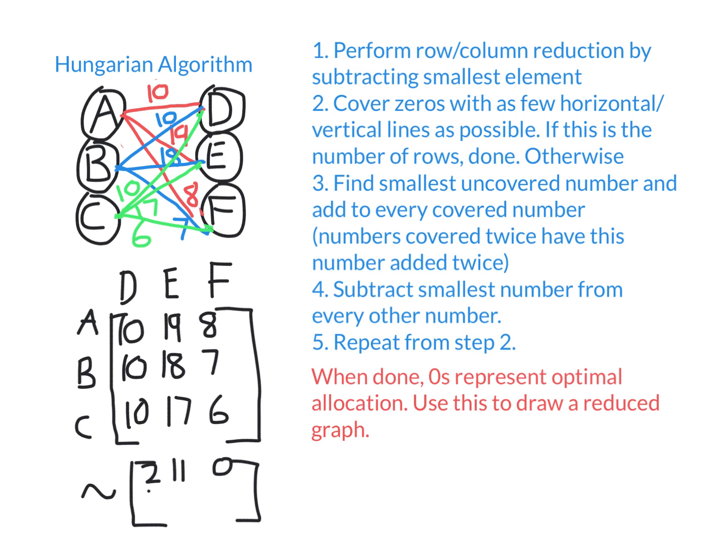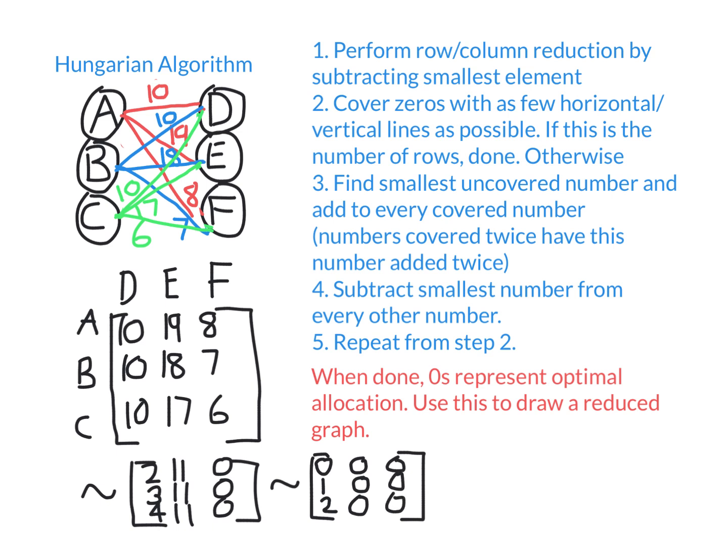In the second, I subtract 7 from everything. And in the third, I subtract 6 from everything. Now I'm going to do the same with columns. So in the first column, I'm going to subtract 2 from each of the elements. Then I'm going to subtract 11 from each element. And in the third, I subtract 0.